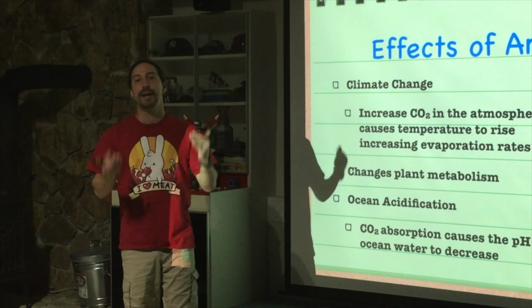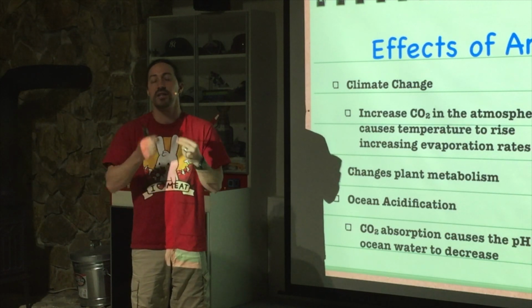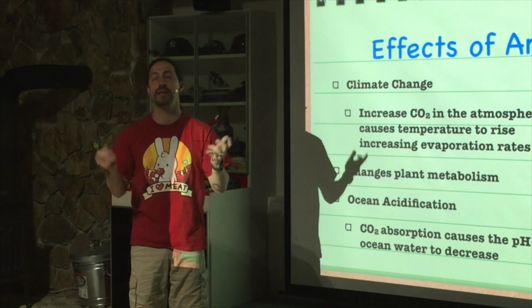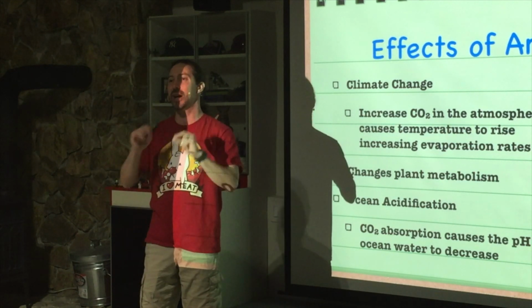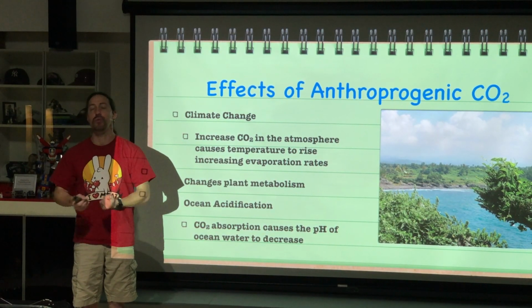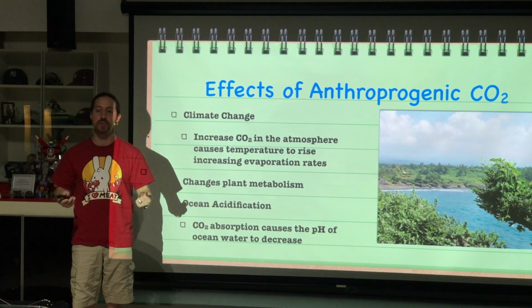The environment cannot withstand small change. Small change ends up having a great impact upon the ecosystems. And so that's why slight change in the acidity of the ocean has huge effects upon the organisms that exist in those ecosystems.